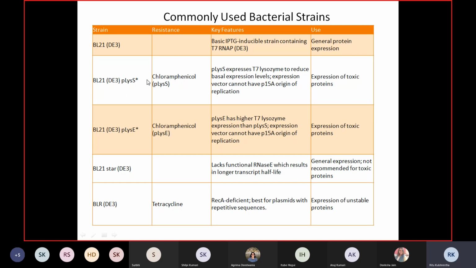This strain is also very commonly used in many labs, especially where the protein is a little toxic to the bacterial strain.